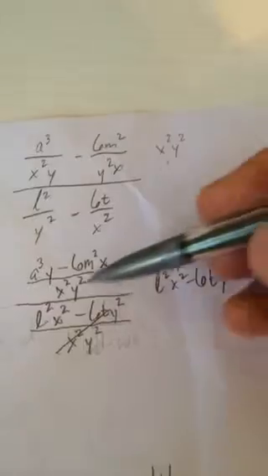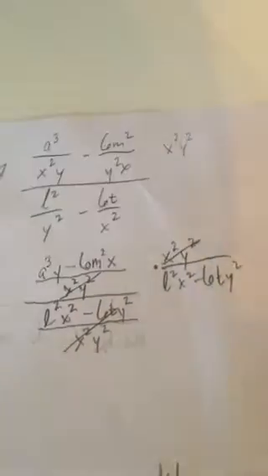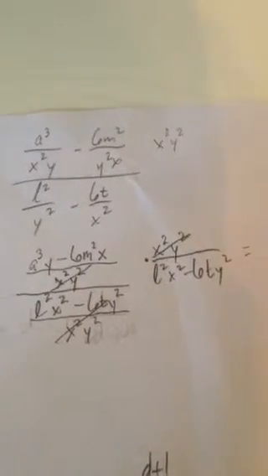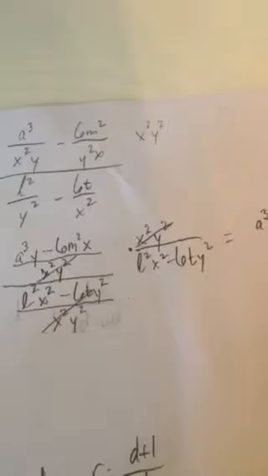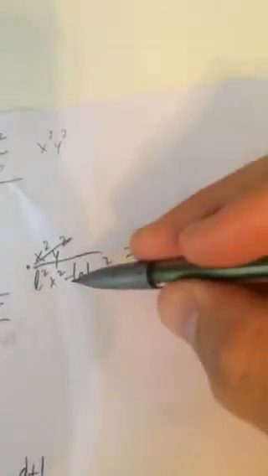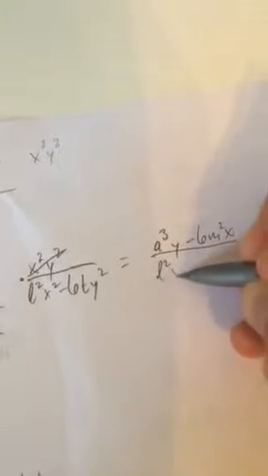And now in a multiplication question, I have the exact same thing on top and bottom, so the x squareds and y squareds cancel. And so I have my top, a to the third y minus 6m squared x, and then on the bottom I just have L squared x squared minus 6ty squared. Okay, and that's going to be my final answer because it's down to one fraction.